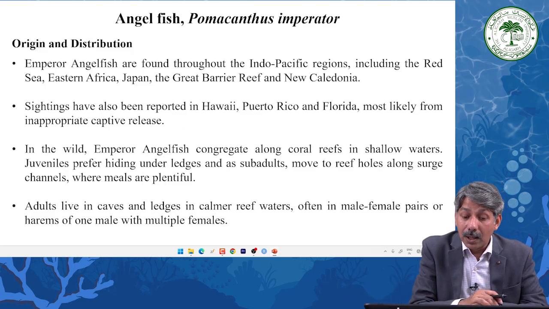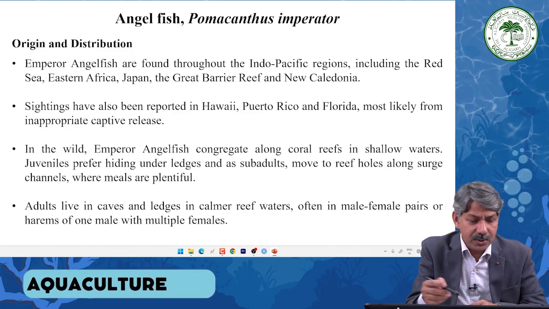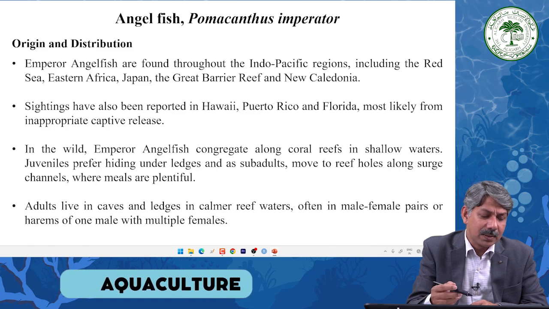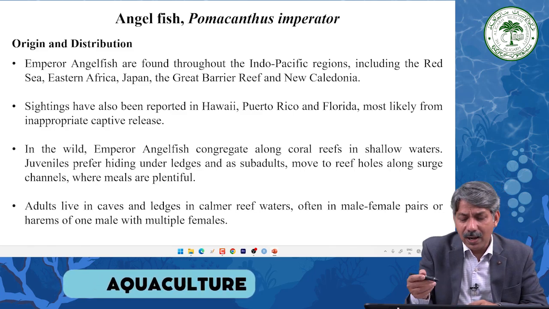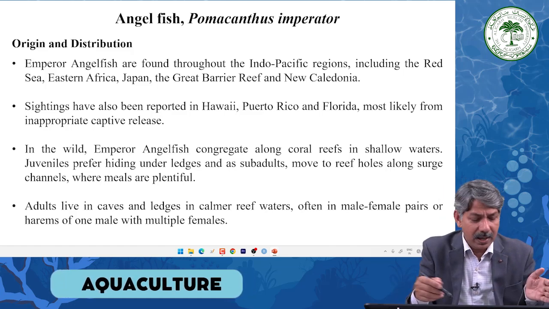Angelfish, Pomacanthus imperator, they are found widely in the Indo-Pacific region. Sightings have also been reported in Hawaii, or you can say in other places, Puerto Rico, Florida.